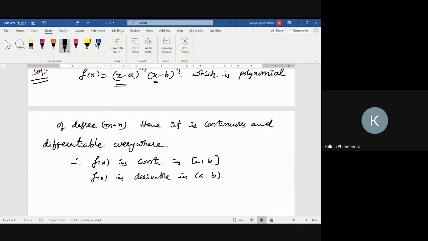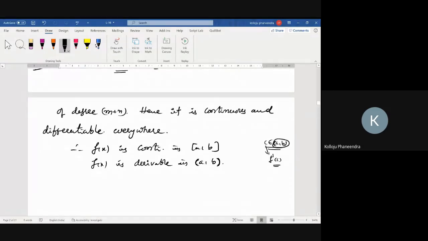The conclusion is there exists C belonging to open AB, and at C the derivative is there. So the derivative must be there in the open interval. That is sufficient for me. Therefore, in Rolle's theorem, the derivability condition is defined in open AB, and these two conditions are satisfied.